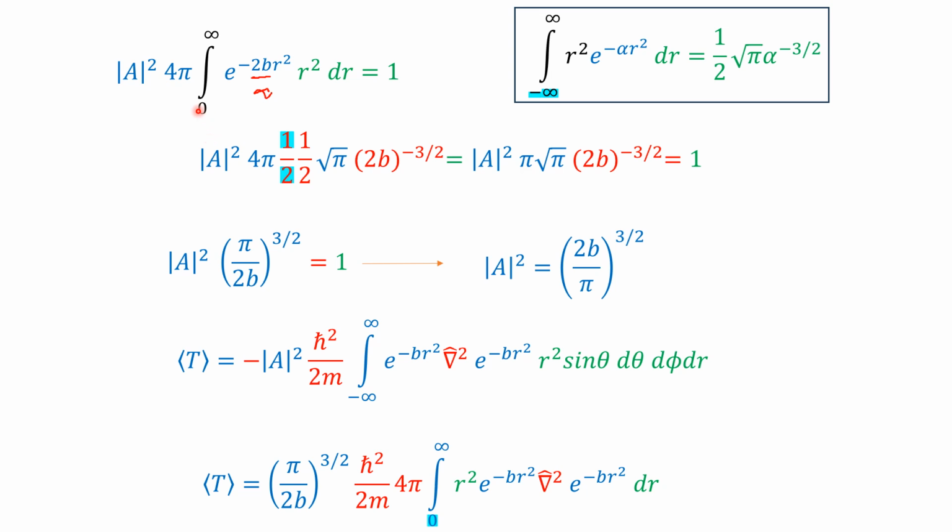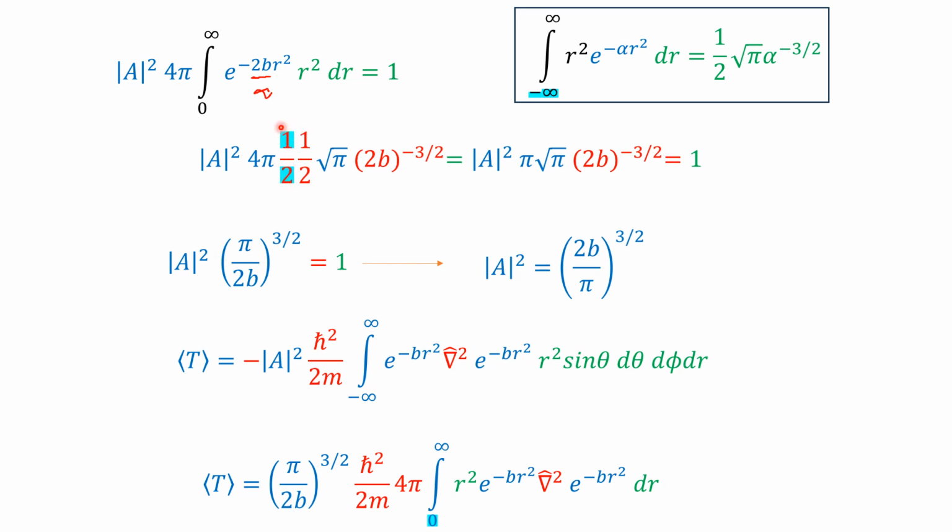So this is equal to |A|² times 4π. The value of this integral is 1 over 2 times the square root of π, with α being 2b, so (2b) to the power −3/2. Since the integral is between minus infinity to plus infinity, this is half of that value, so I have introduced one half.